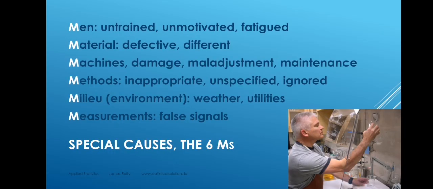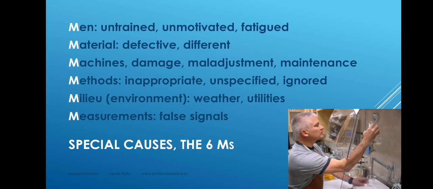Now, what are the issues that might require attention in a process that might give rise to one of these special causes of variation? The special causes can be summarised by these 6 words beginning with M, 6 M's. So when we get a signal in a process, we can look at these 6 M's and see what's likely to be the cause.